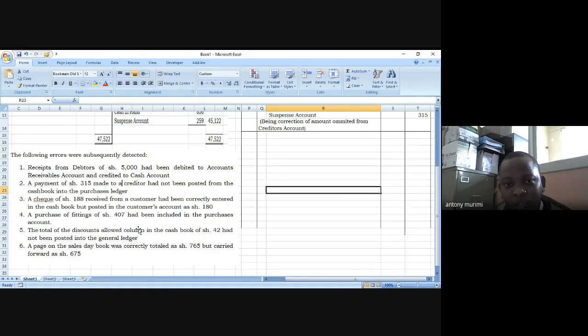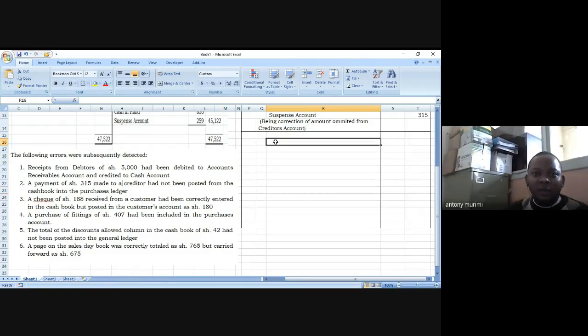So to correct for this, we add the underposting, that is 8 shillings. It means we credit the customer's account with 8 shillings. You ought to have credited 188, but instead credited 180.